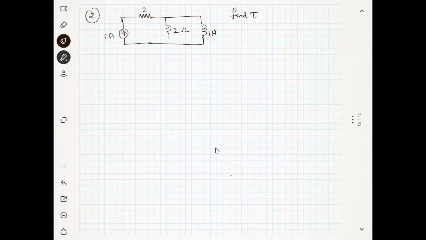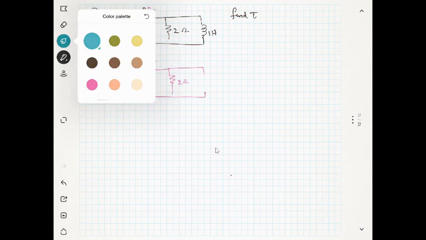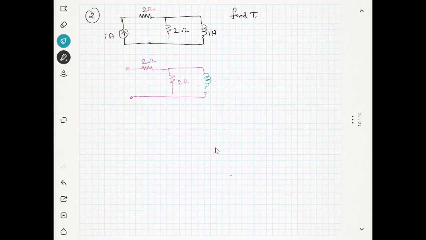So what you have to do to find tau is, first of all, open circuit the current source. This is 2 ohm. And you have to look from the inductor side. That's very important. There is only one inductor here, so it's 1 Henry.